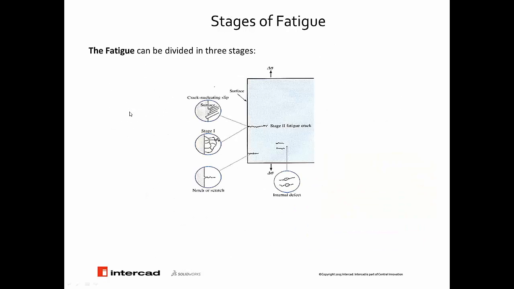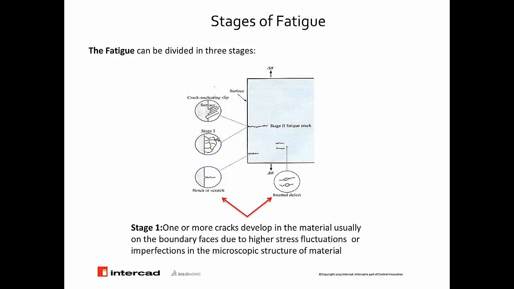All right, let's have a closer look at the stages of fatigue. We have three major stages. The first happens in areas with high stress fluctuations, such as a notch, a scratch, or an internal defect, where a few cracks will develop. That is happening on a very microscopic scale, and it's not recognizable by eye.